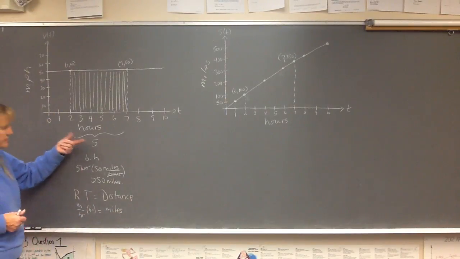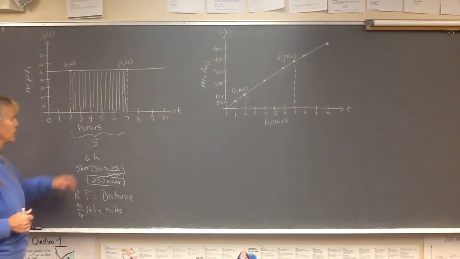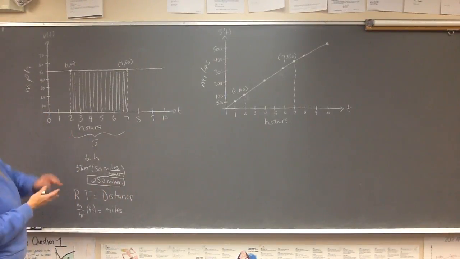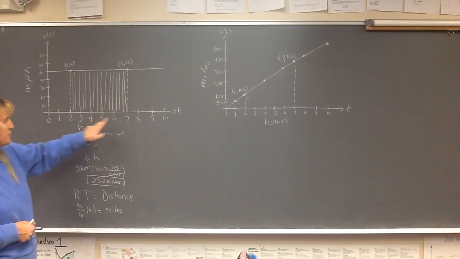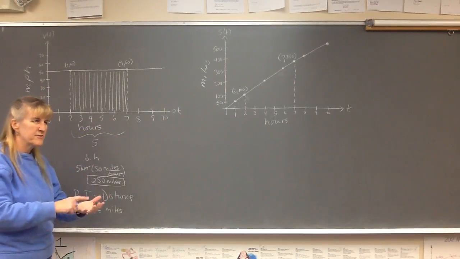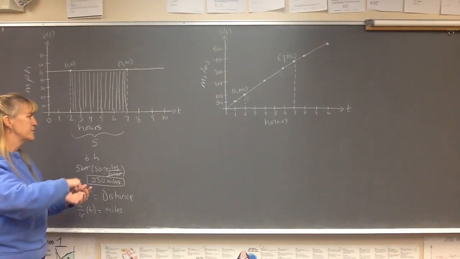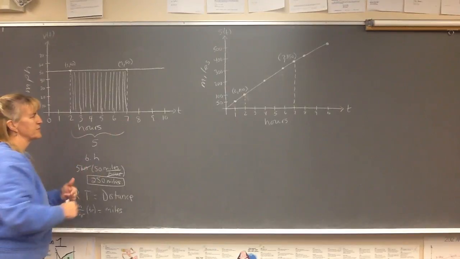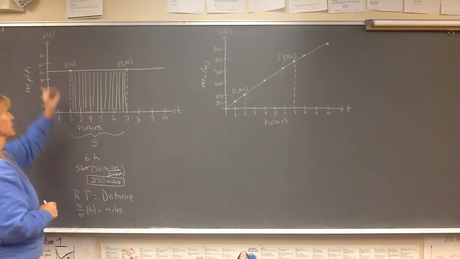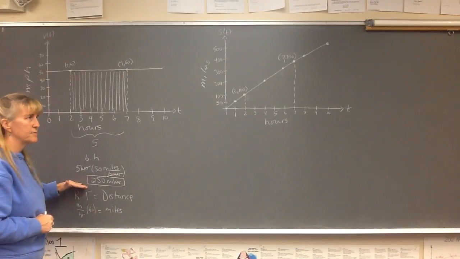So 250 miles would be our total distance driven between time t equals 2 hours and time t equals 7 hours. That's pretty common sense. If you travel for 5 hours at a consistent rate of 50 miles an hour, then you're going to be traveling 250 miles.